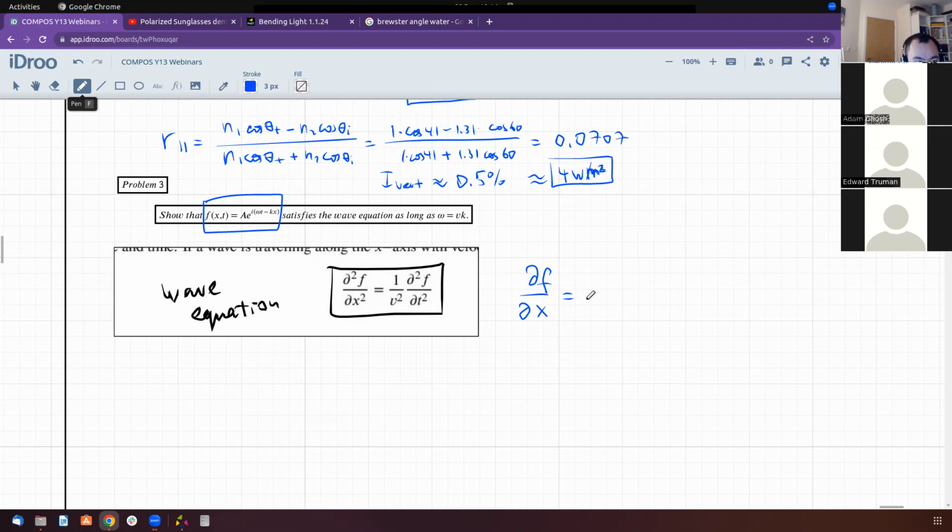This is quite straightforward, using the chain rule here.